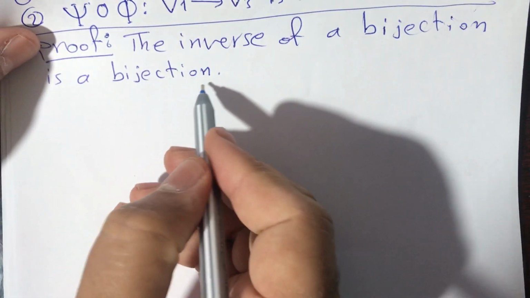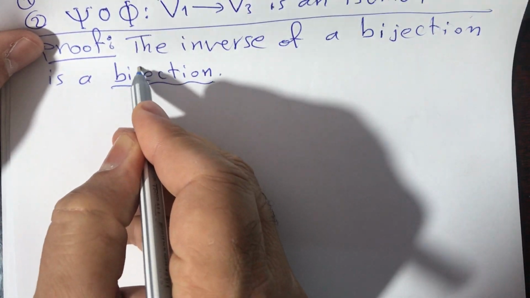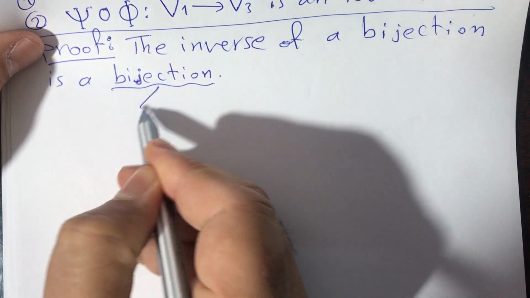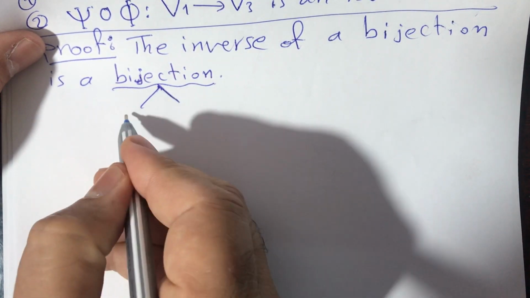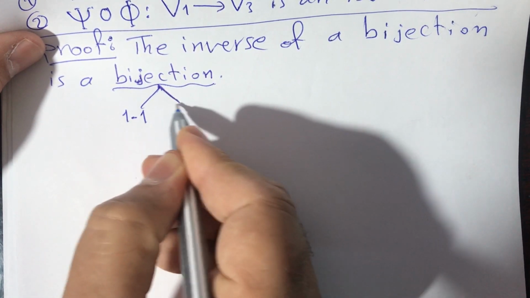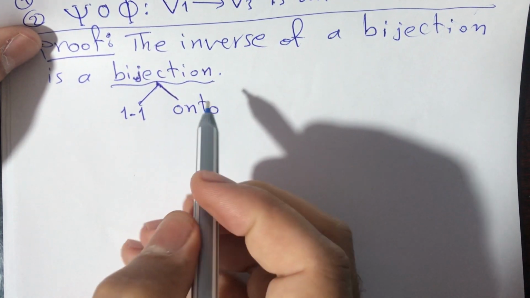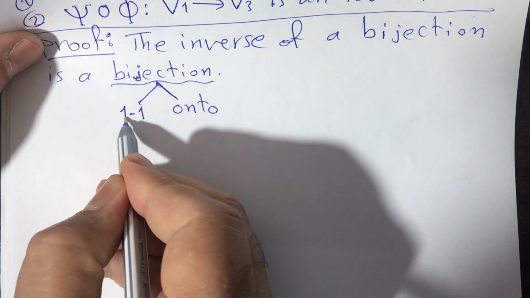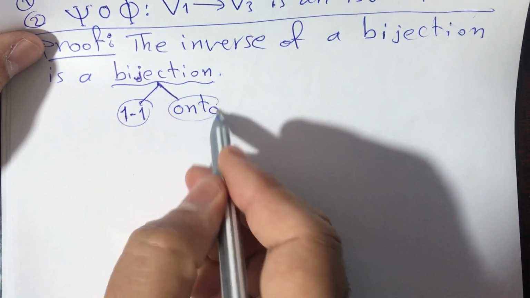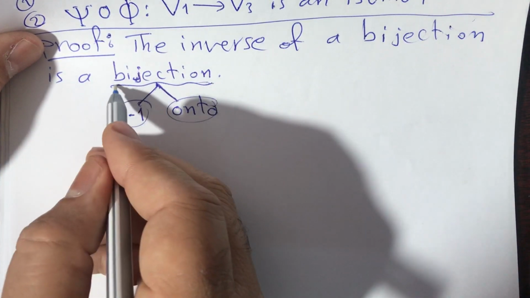What is the meaning of bijection? A bijection is a function that is one-to-one and onto. If a function is one-to-one and onto, we call it a bijection.